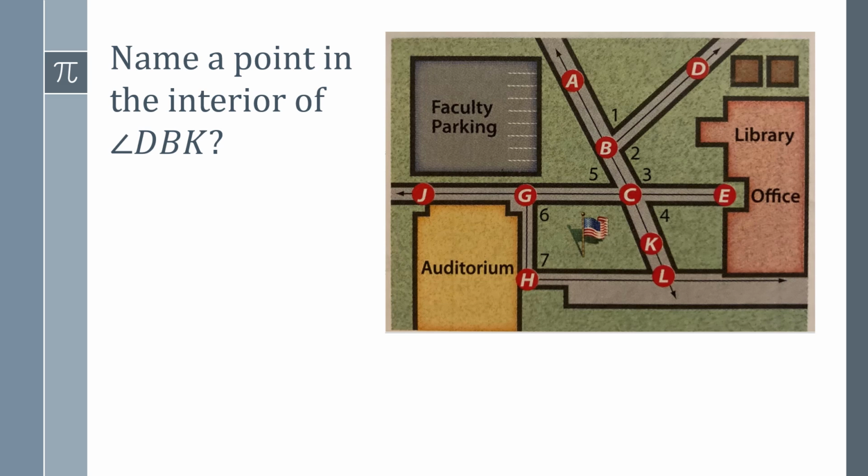All right, name a point in the interior of angle DBK. So angle DBK, D starts here, and it goes to B, and then it comes out here to K. So there are our rays right here. Go ahead and answer that question.